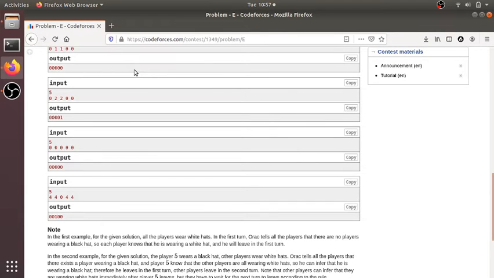So let's say after 4 rounds, nobody left. Does that mean the first guy and the last guy come to know that they are wearing white hats? How? This is intuition, but I don't see the working behind it.